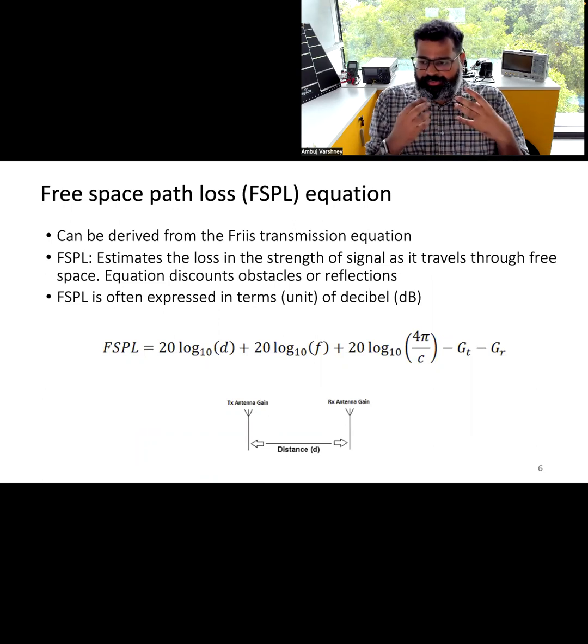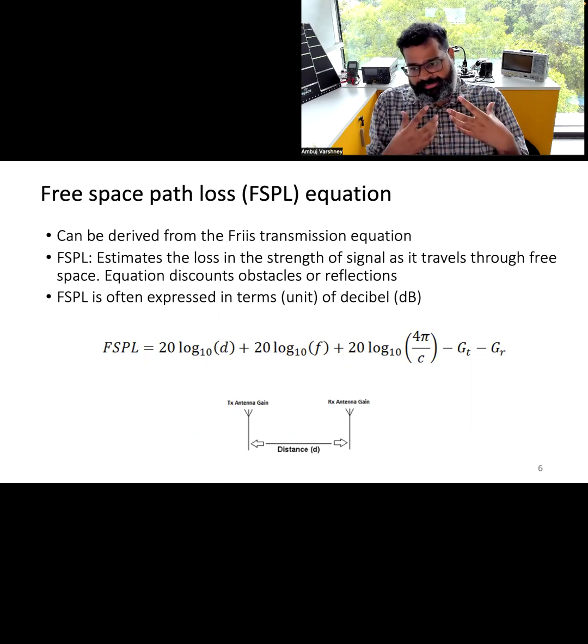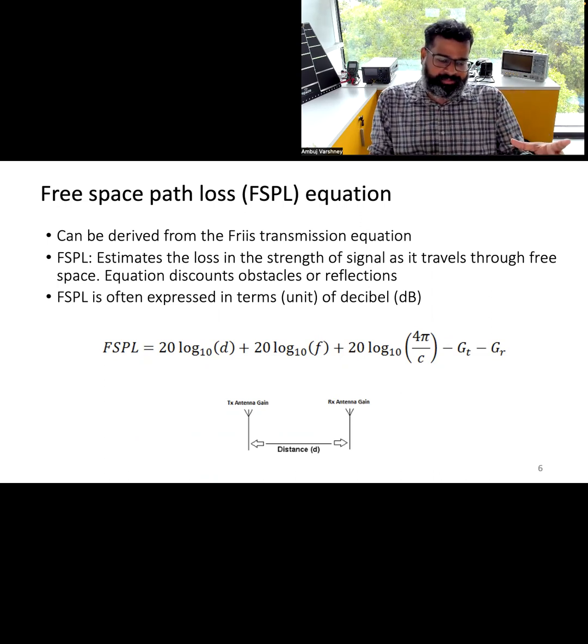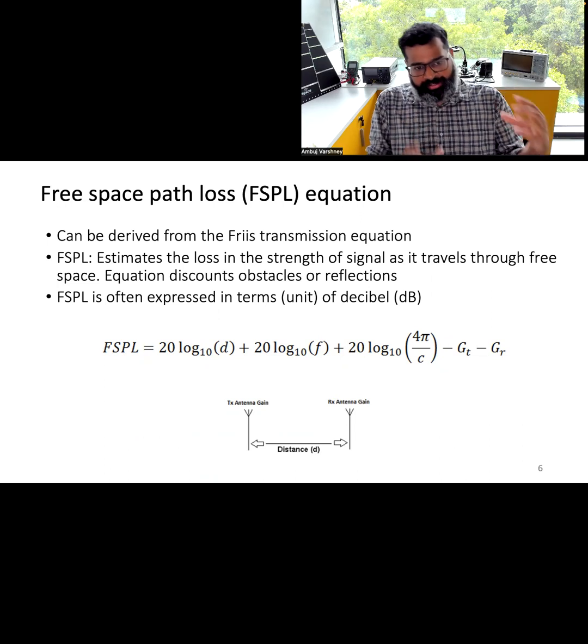The free space loss equation is also expressed in units of decibels, and it depends upon very similar parameters as the Friis equation, except that we don't have transmit and receive power. The losses that the signal encounters do not depend upon the strength of the signal.